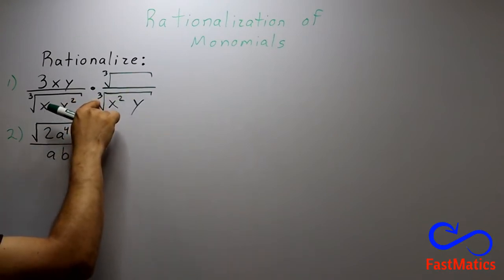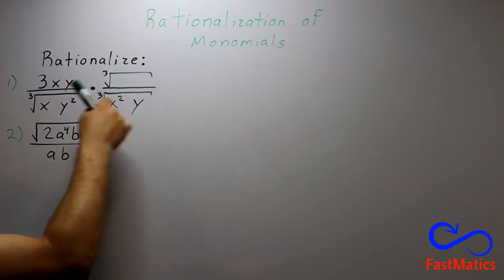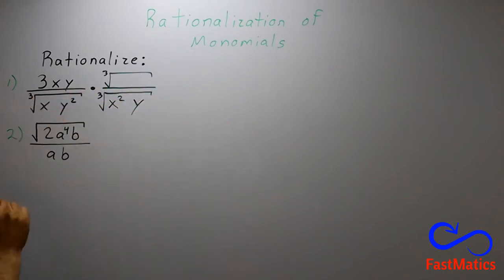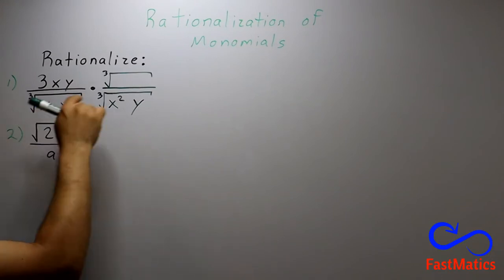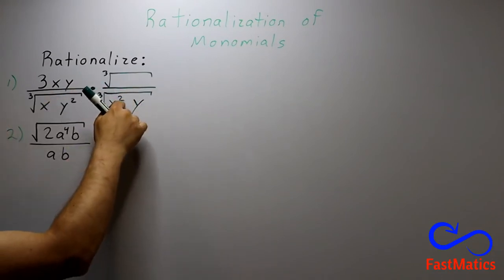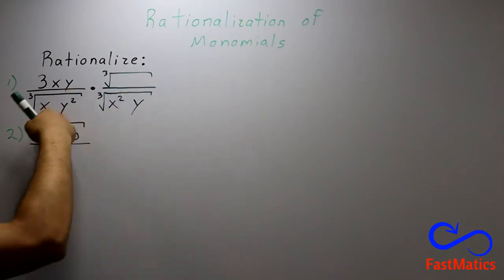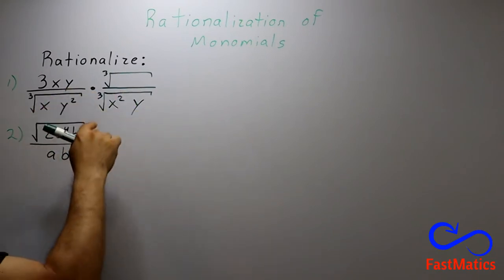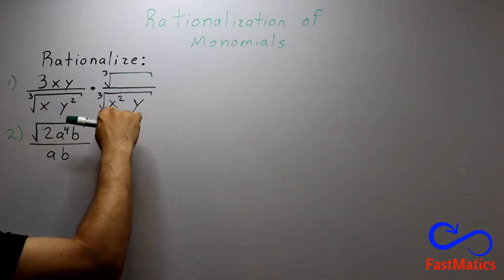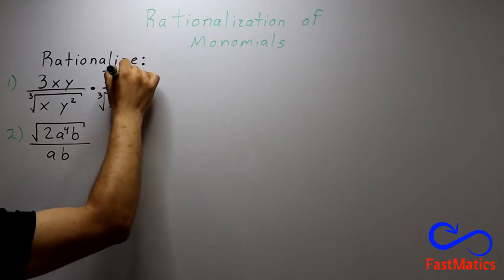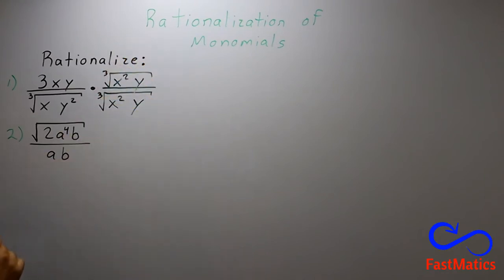If here you have a 3, you need, after doing the multiplication, a 3. If here you have a 2, a square root, you need to get exponents 2 after doing the multiplication. And if you put here x squared y, in the numerator you are going to write x squared y.